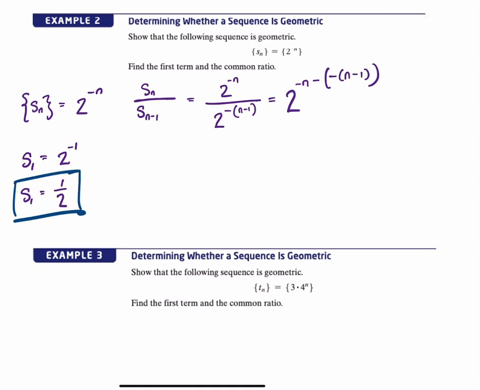So let's clean this up. This would be 2 to the power of minus n. Let's distribute that negative inside first, so minus n plus 1. So that looks like 2 to the power minus n plus n minus 1, or 2 to the minus 1. So we get 1/2 again. That will be our common ratio.